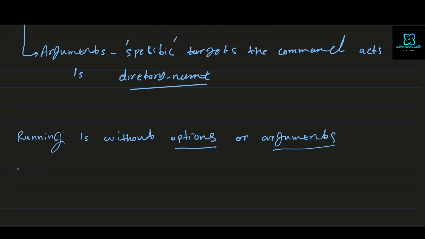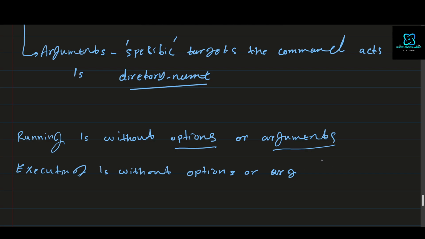In this scenario, we can say executing the ls command without options. You can use multiple options at the same time. Options or arguments, it is the same here. You can pass one or more than one argument at the same time.